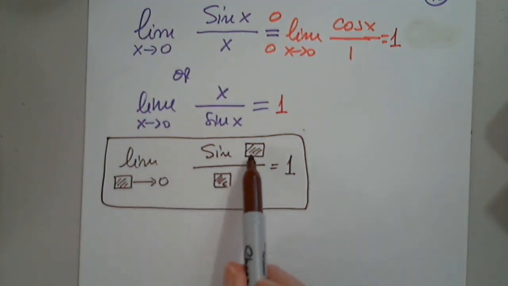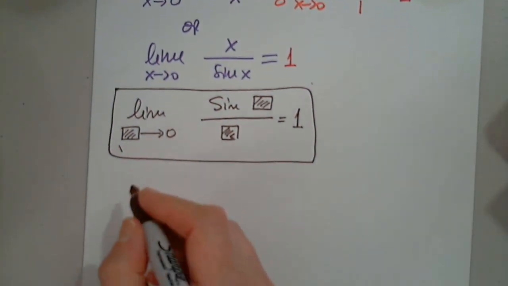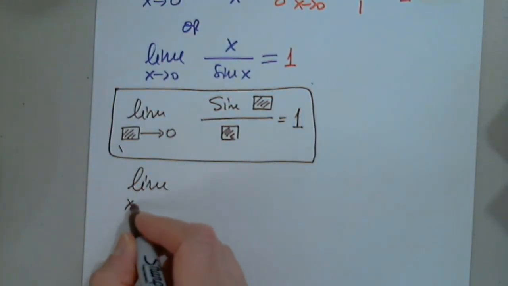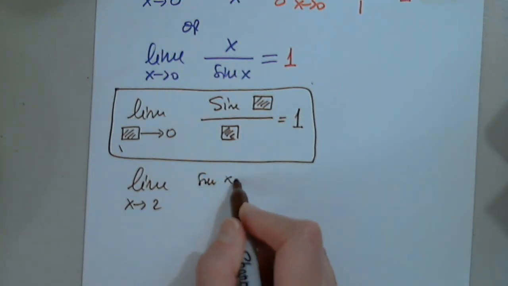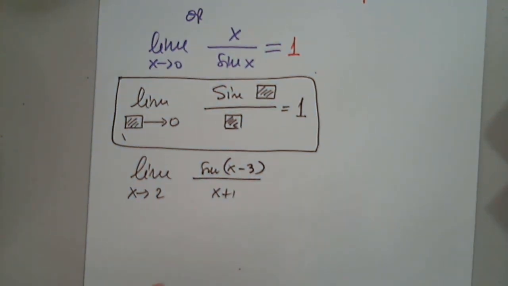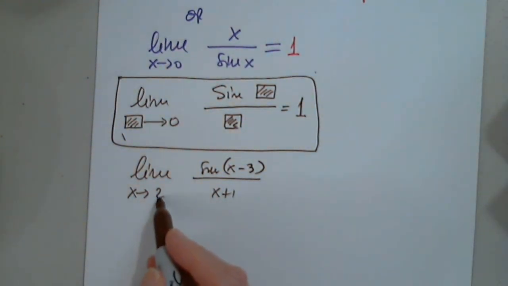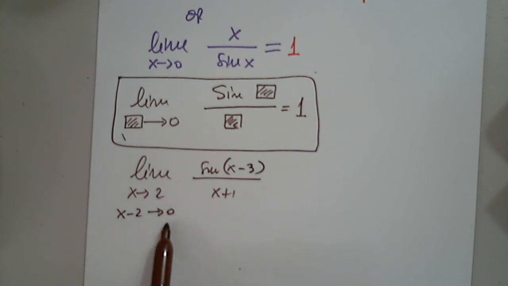If these are not the same, for example, let's say I have this: the limit as x approaches 2 of sine of x minus 3 over x plus 1. So remember, we can subtract 2 from both sides. If x approaches 2, x minus 2 approaches 0.